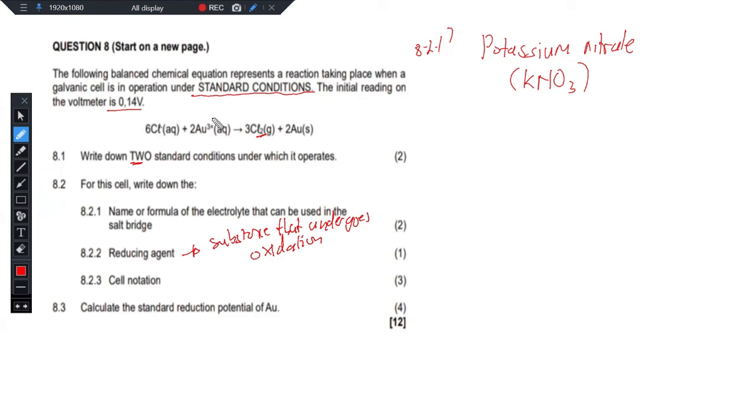Now we go back to our equation and try to find out between Cl- and Au3+, which one is being oxidized. Remember, when we are looking for the agent, we have to check it here on the left-hand side, right? So between Cl- and Au3+, which one is being oxidized?